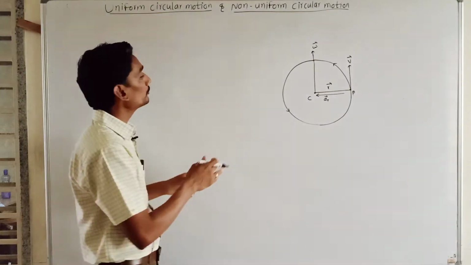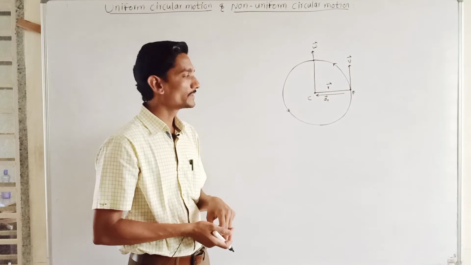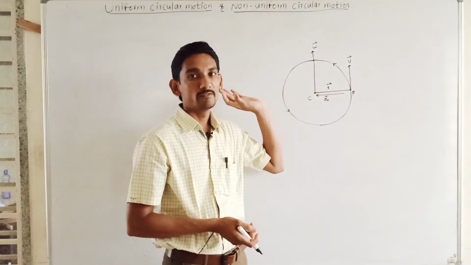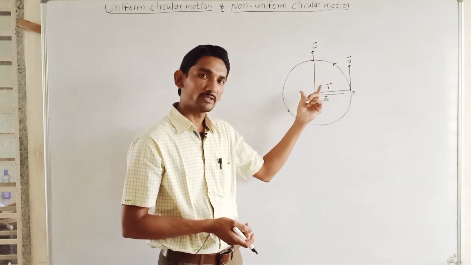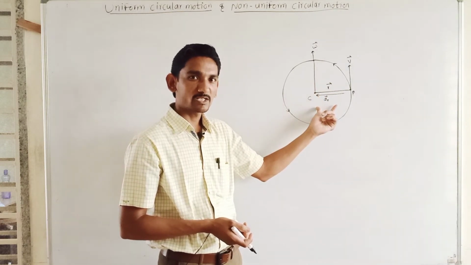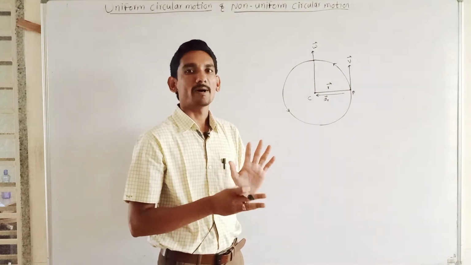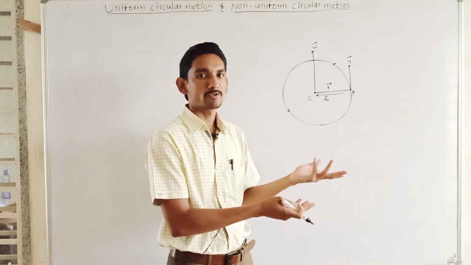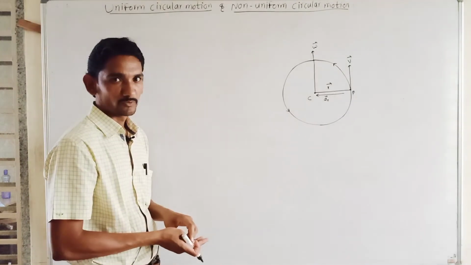So for uniform circular motion, two things are very important: the acceleration, and second, the direction of the velocity. If the acceleration is along the radius, that is the centripetal acceleration, and if the velocity is tangential, then the particle can perform the circular motion, and if the magnitude of velocity remains constant, then it is the uniform circular motion.